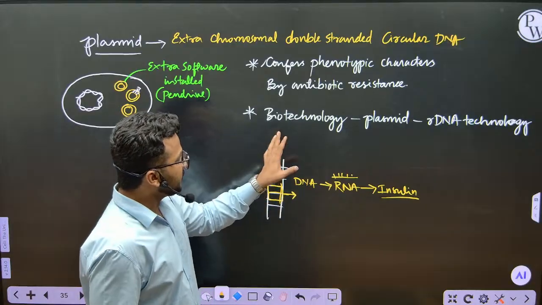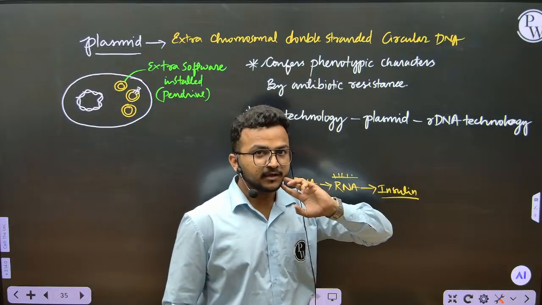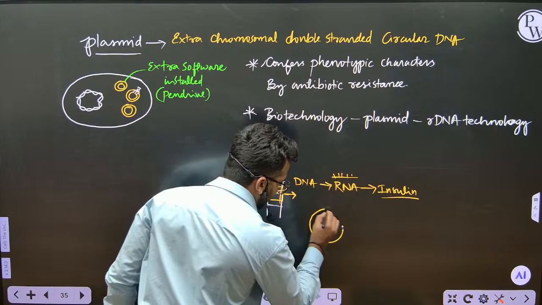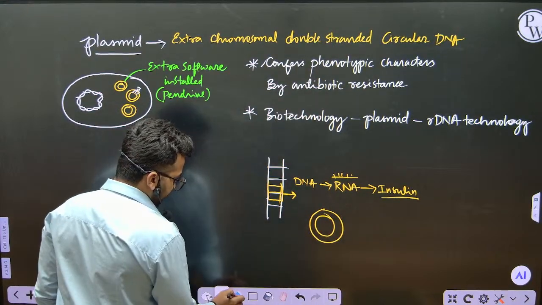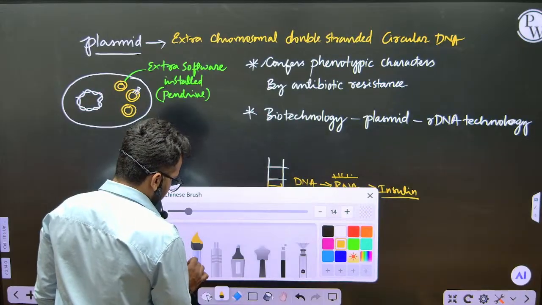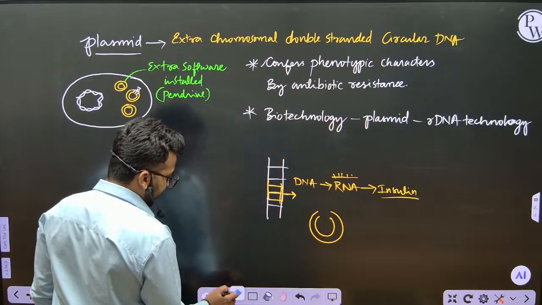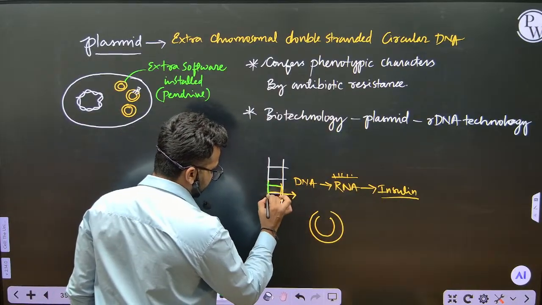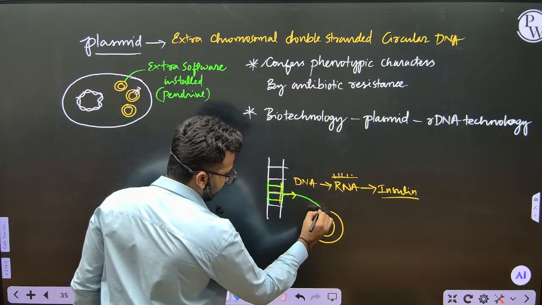Now what they will do, in this case of biotechnology, plasmid rDNA technology, they will take this plasmid and cut this plasmid here, and they will insert this part of the gene which is responsible for insulin here.